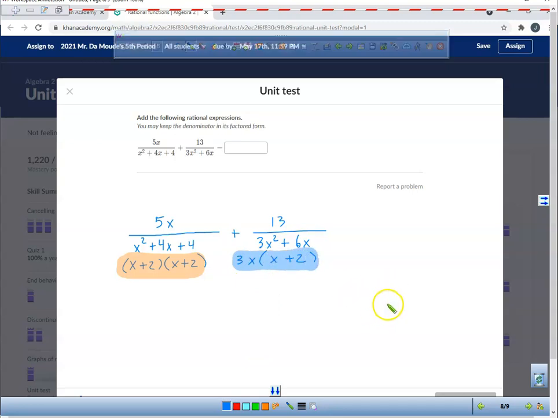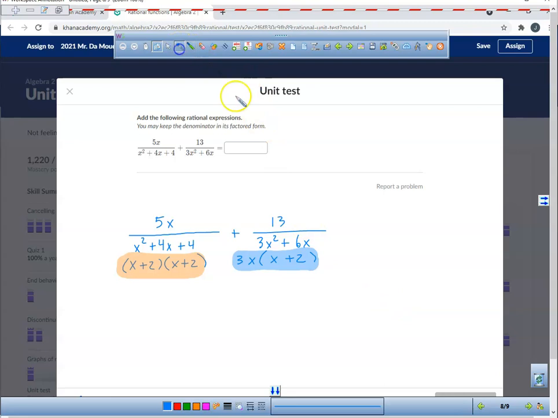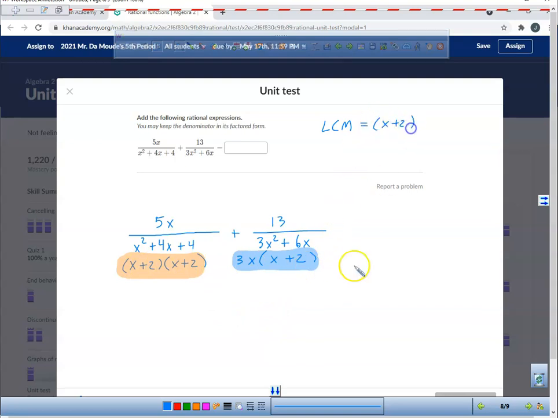What we actually have to find is this concept called the least common multiple between this guy and this guy. Do they share anything in common? You guys see anything they share? So guess what? We know we have an x plus 2. They both have one of them. But this guy has two of them, right? So they got to have both of them.